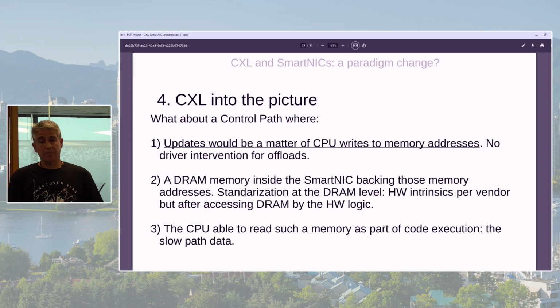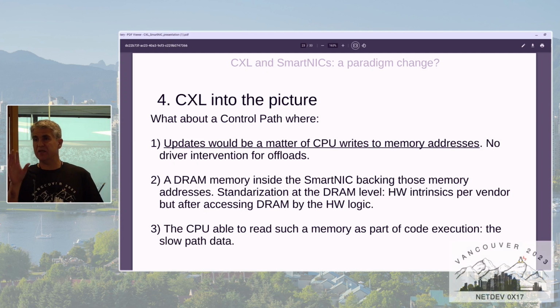My point is, if this is going to be in DRAM, you could argue, well, you cannot force vendors to have this specific or generic way of putting the match and action rules or the flow states there. Why not? It's going to be the same thing, right?